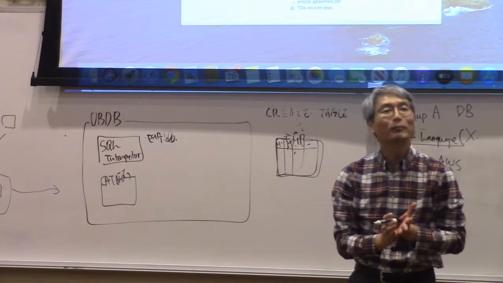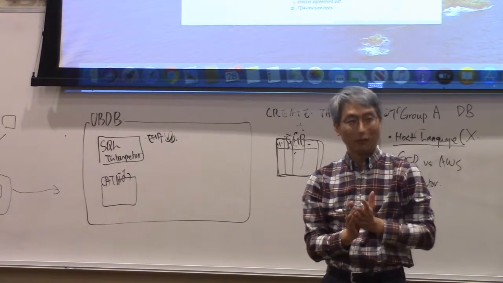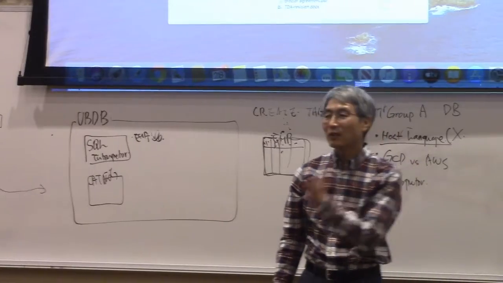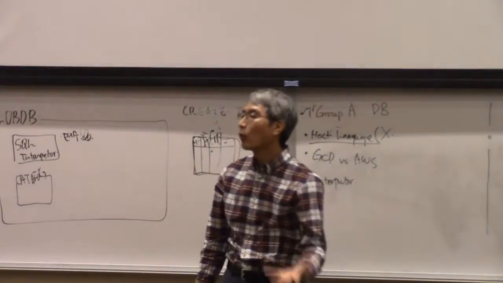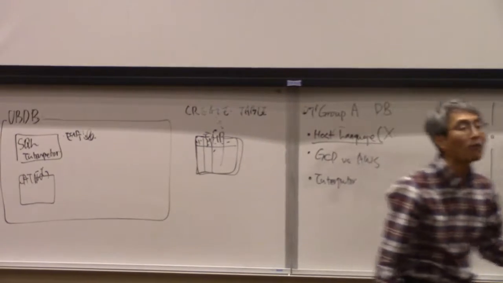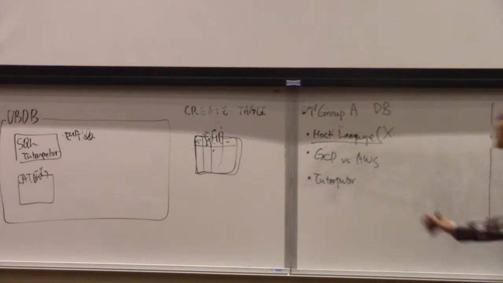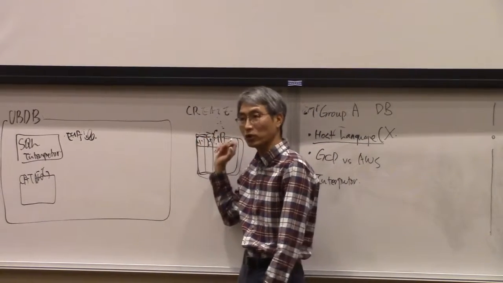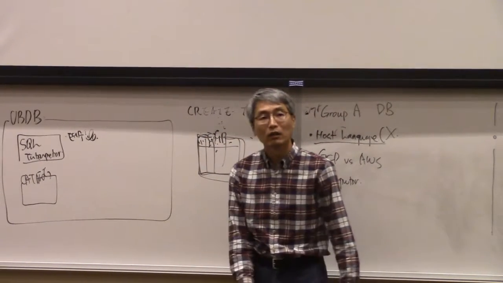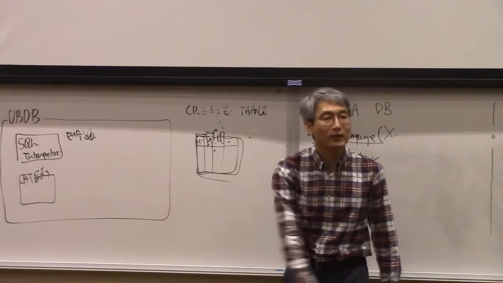Software to manage files, a bunch of files. That's NTFS or ext2, 3, 4, and so on. This is a file system. So you can use the file system to create your database as a file for each table. Or I don't want to use the file system.